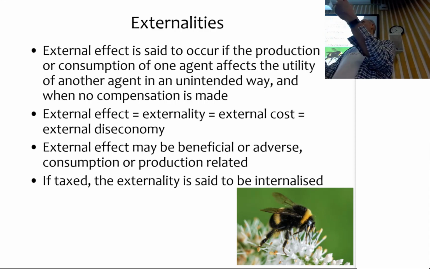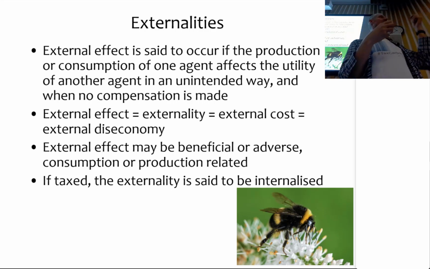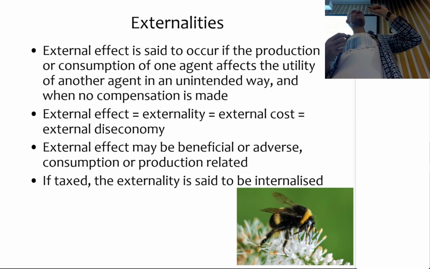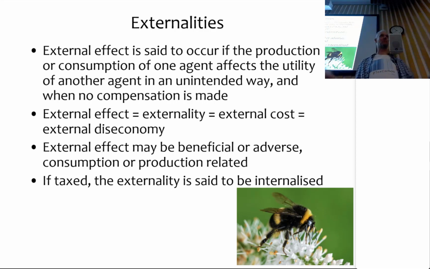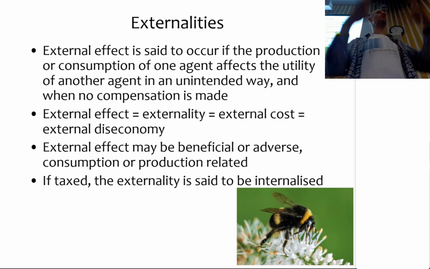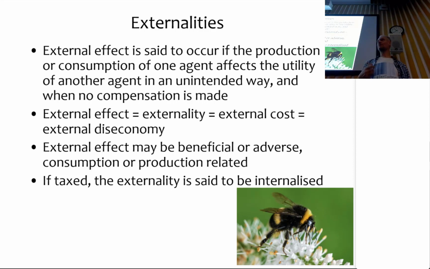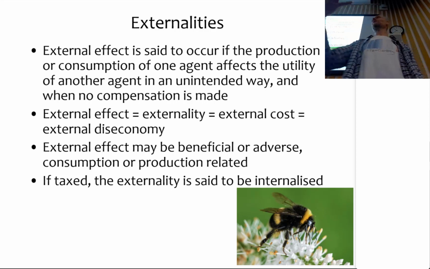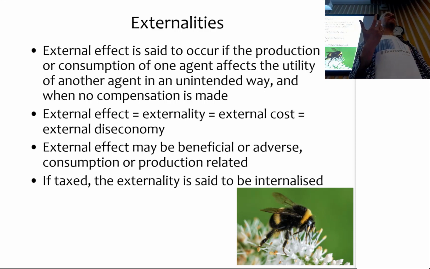The people who your coal burning caused asthma for are not engaged in any transaction with you, right? They don't have a contract with you, they didn't buy a product from you. They are a third party to your coal burning. And then if this is not compensated, if you're not paying for the damage that you have done to them, then it is an externality, right? And it has to meet those three things.